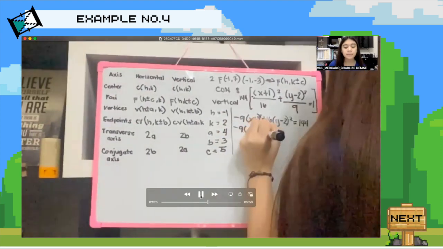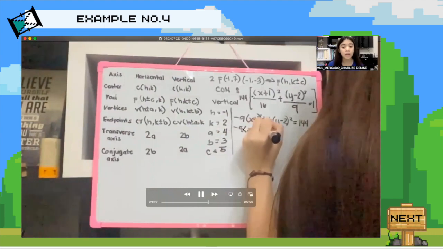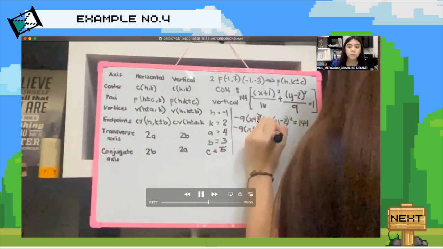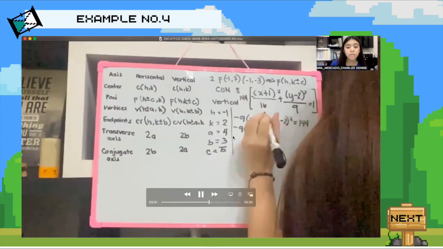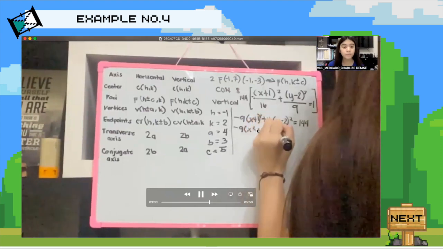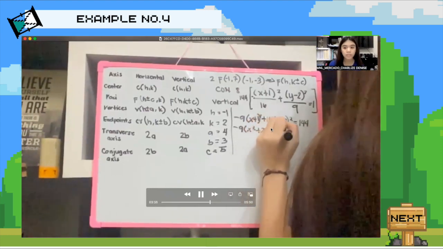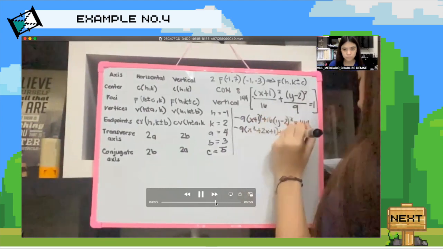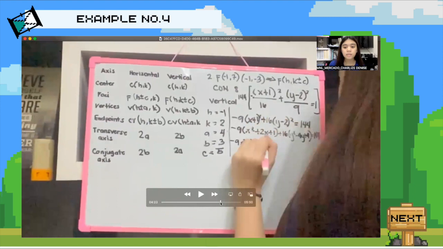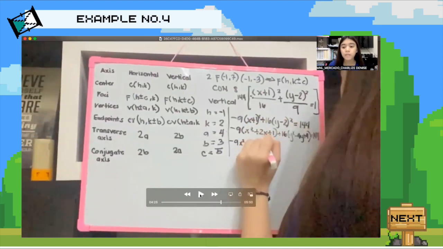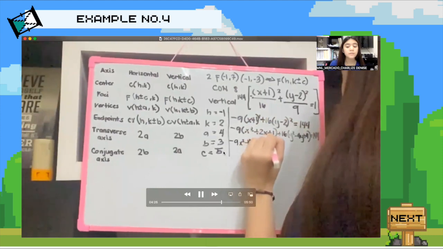Our next step is to expand. So (x plus 1) squared is equal to x squared plus 2x plus 1. And (y minus 2) squared is equal to y squared minus 4y plus 4. Then we will distribute.